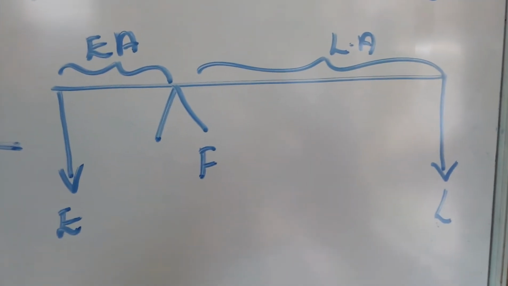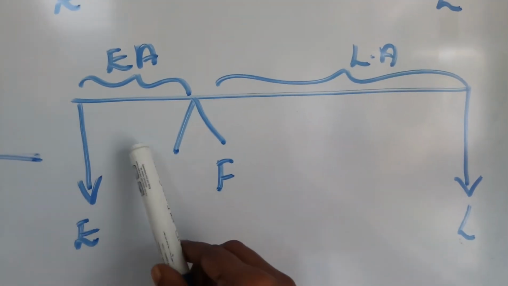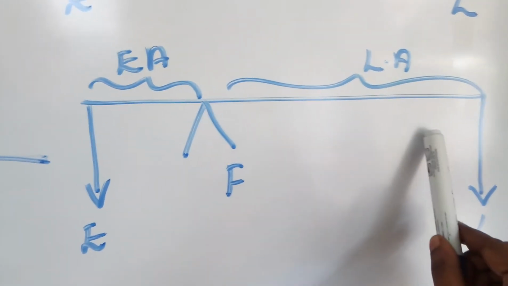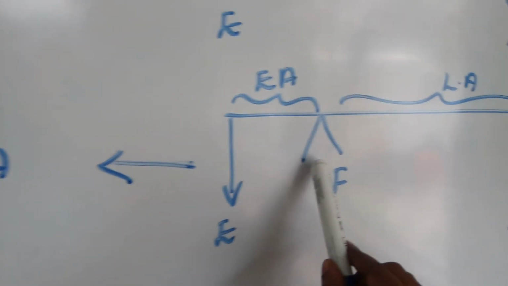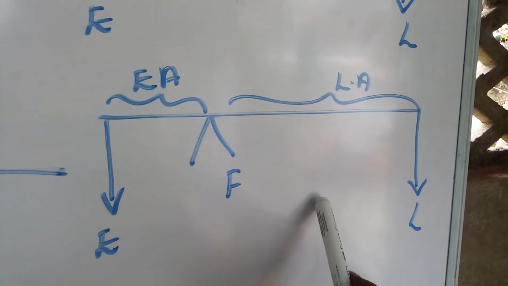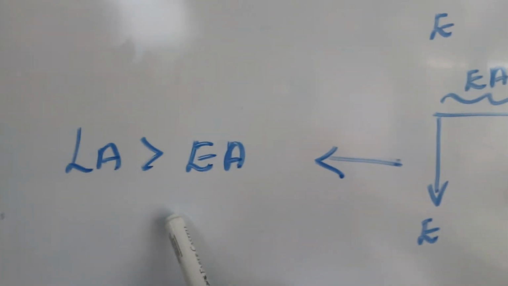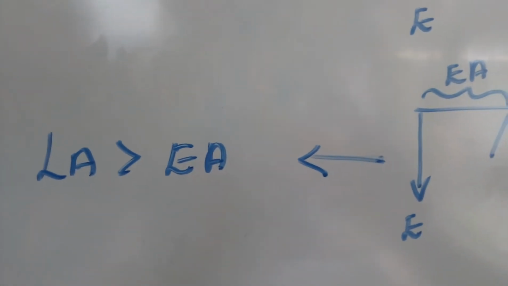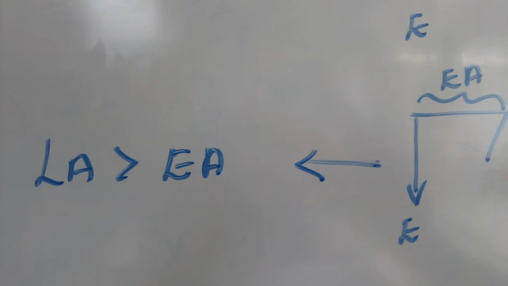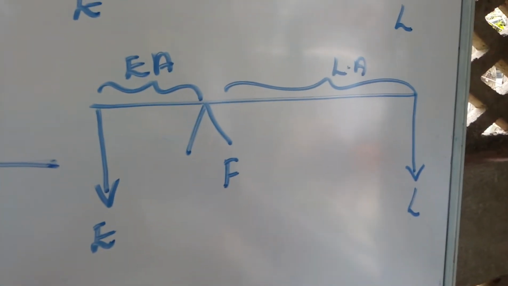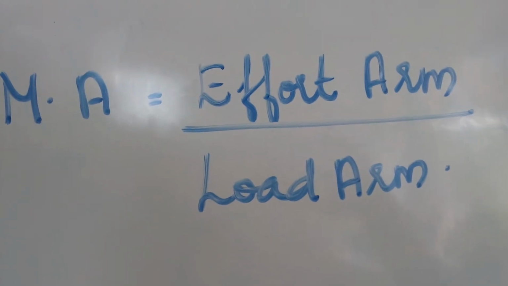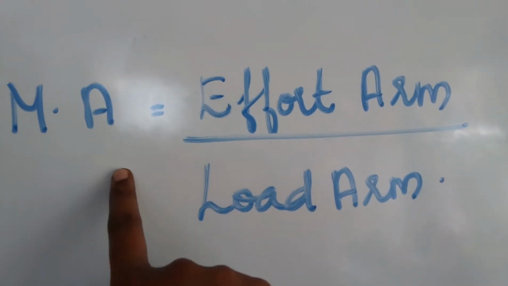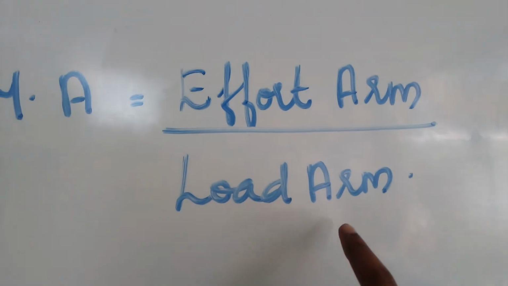And in the third case, load arm is greater than effort arm, with fulcrum near to the effort end. Let us calculate the value of mechanical advantage from the equation for levers. Mechanical advantage is equal to effort arm by load arm.